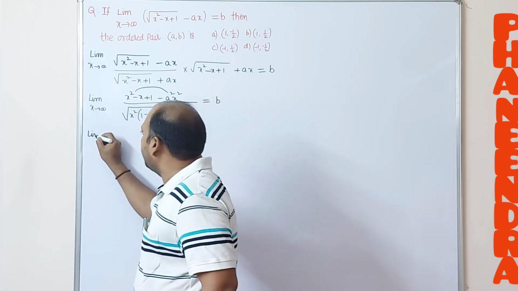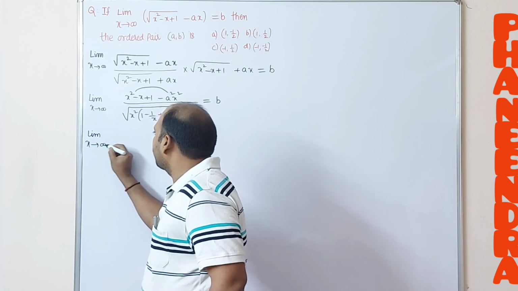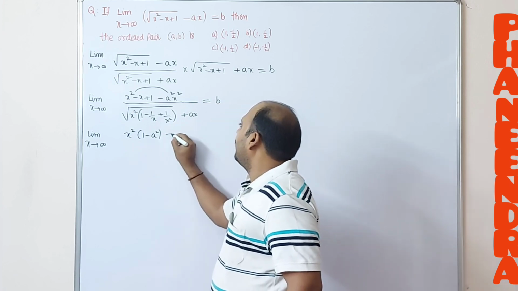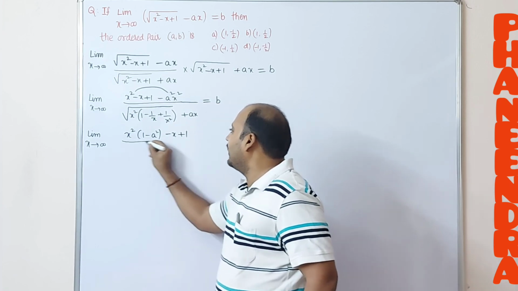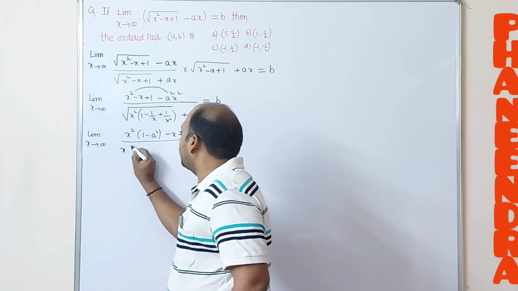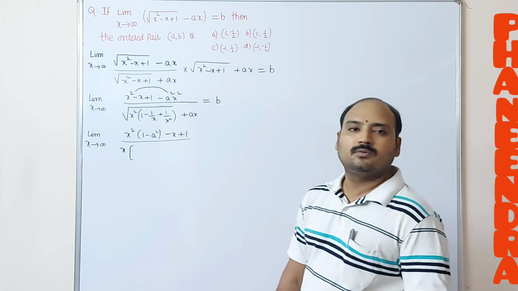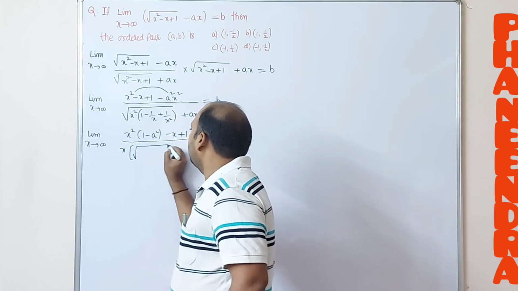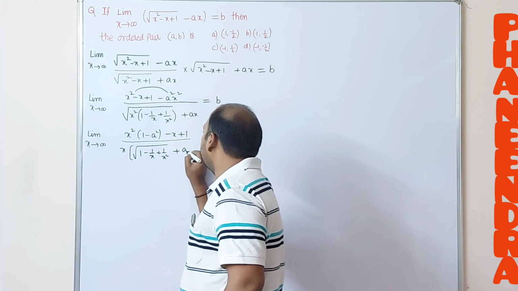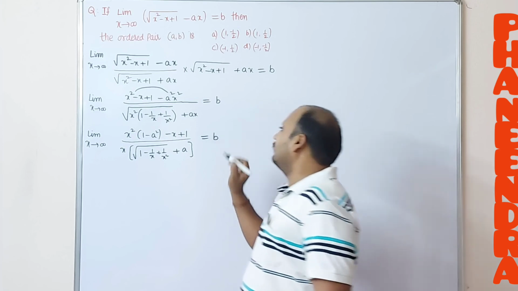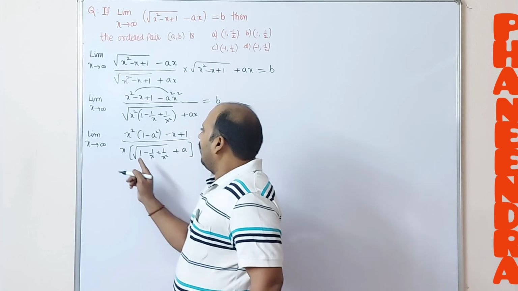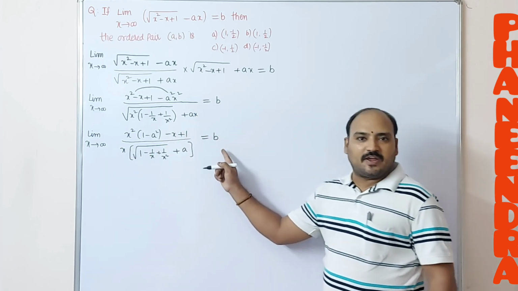So limit extends to infinity, x square into 1 minus a square minus x plus 1 divided by, here x we are taking common, root over 1 minus 1 by x plus 1 by x square plus a is equal to b. I hope everyone understands, dear students. This limit value is a finite value.